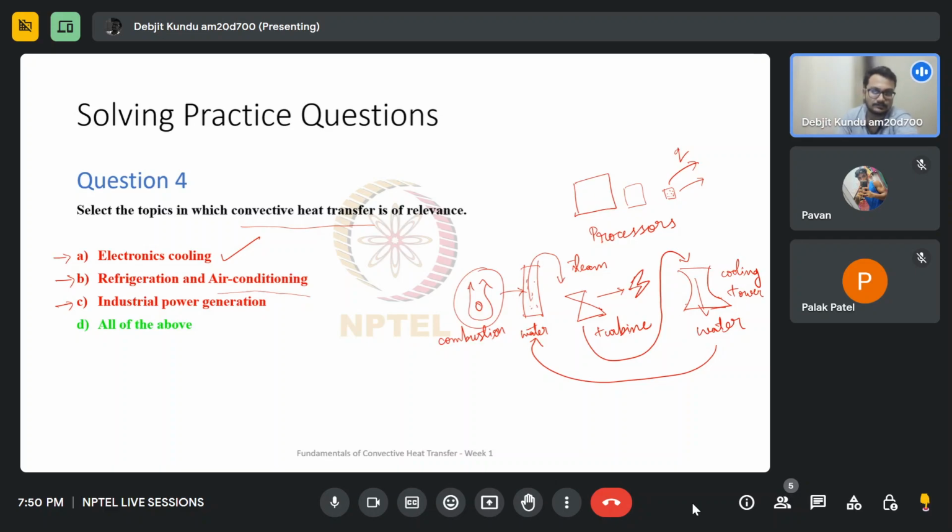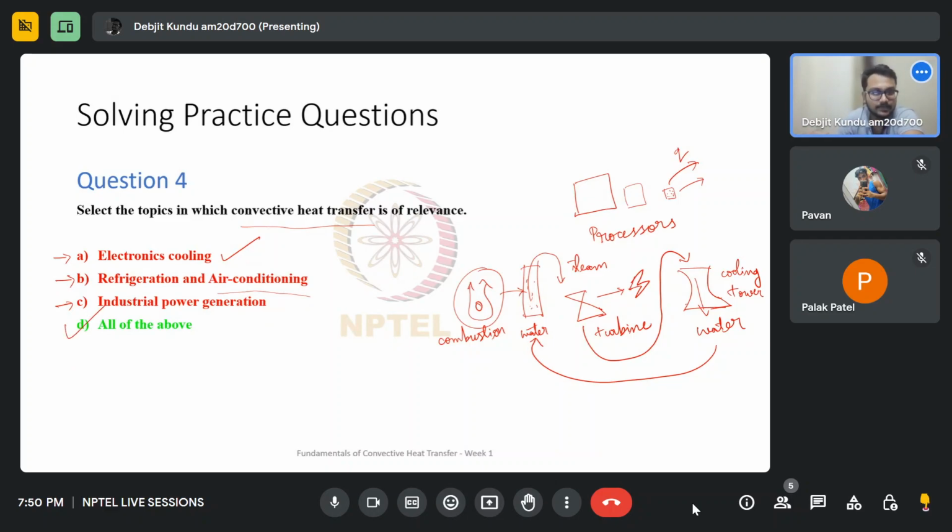In all these steps, you can see convective heat transfer plays a very crucial role, and without the knowledge of it, efficient systems cannot be designed, right? Or existing designs can't be improved. So for all this, a very strong knowledge of convective heat transfer is required. So as far as this question is concerned, all of the above would be the correct answer.